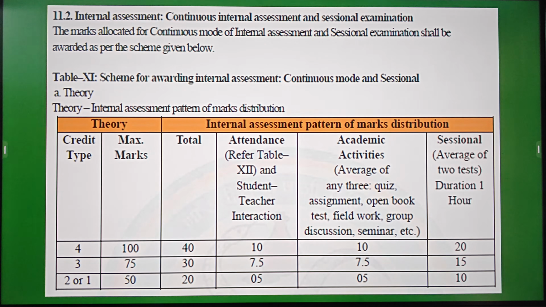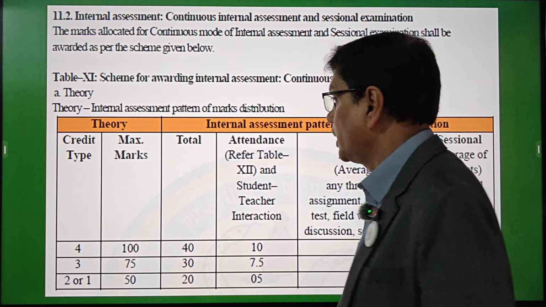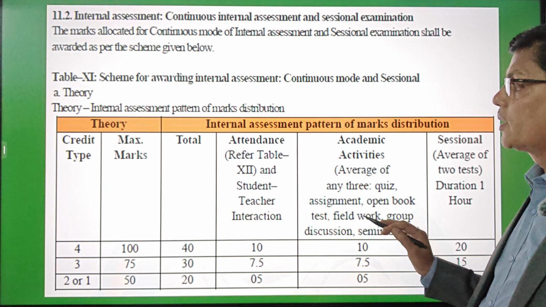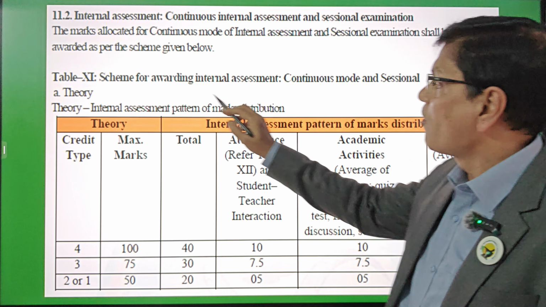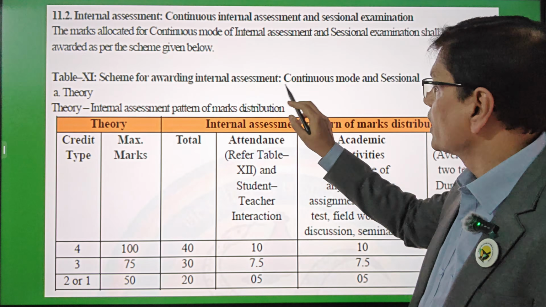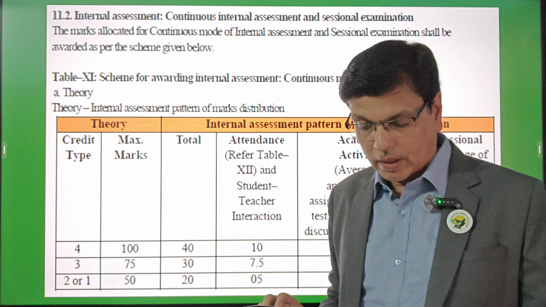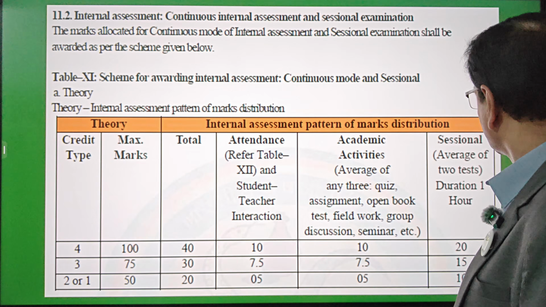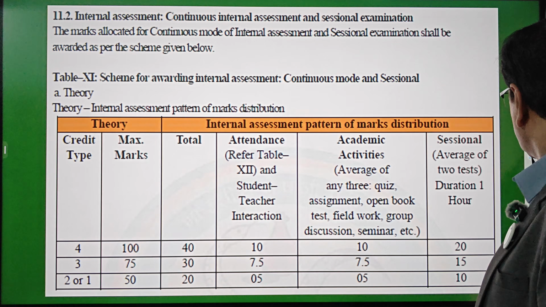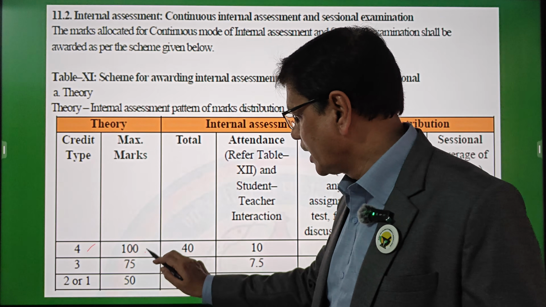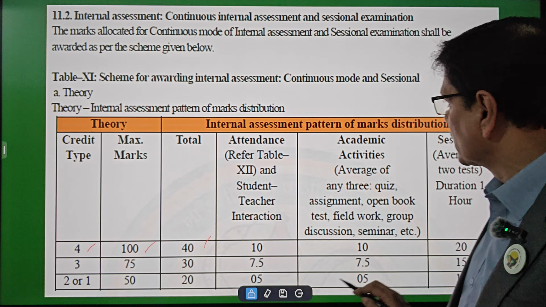Now, so a clear cut draft is given to us for the scheme of internal assessment and scheme of external assessment. For internal assessment, as I said, it is for credit 4, 100 marks, 40 is the total internal assessment.